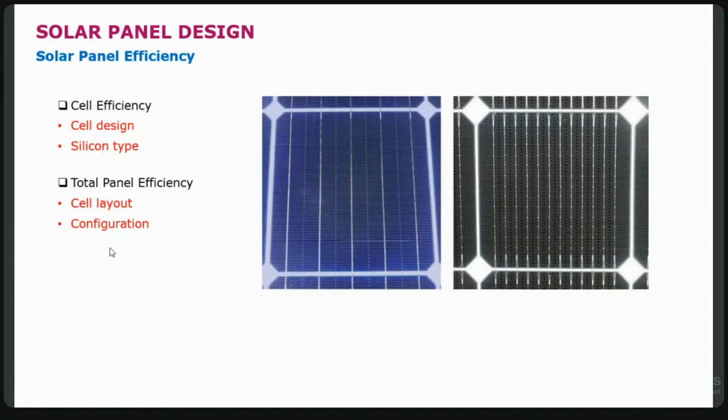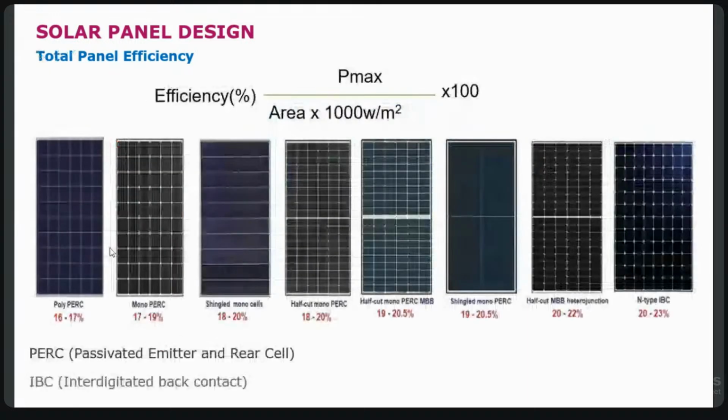To find the panel efficiency: the maximum power output divided by area times 1000 watts per square meter, times 100.